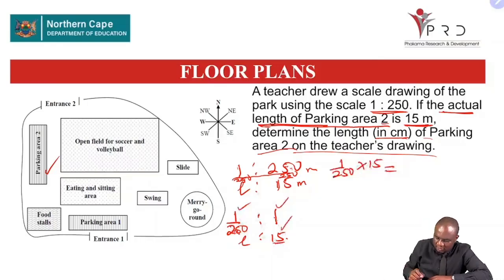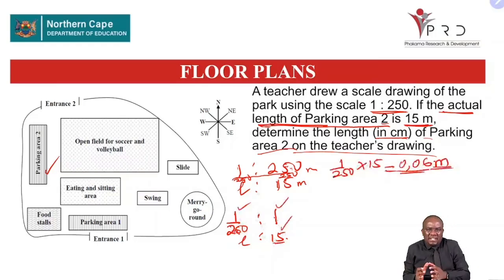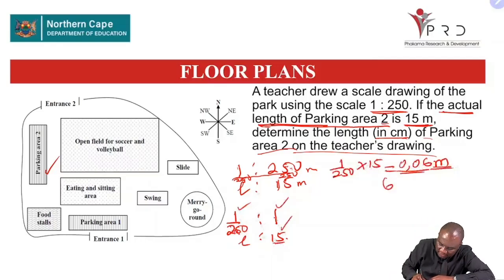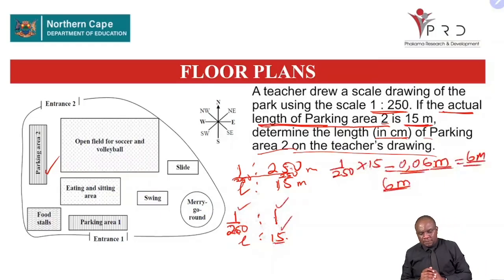You get 0.06. But what are the units? Meters. And then on the plan here that I'm drawing, what is the realistic unit that I must use? It should be centimeters. How do we convert meters to centimeters? We multiply by 100 to become 6 centimeters. This can fit on the piece of paper that I'm drawing my diagram on.